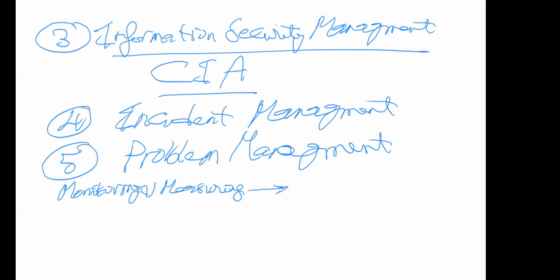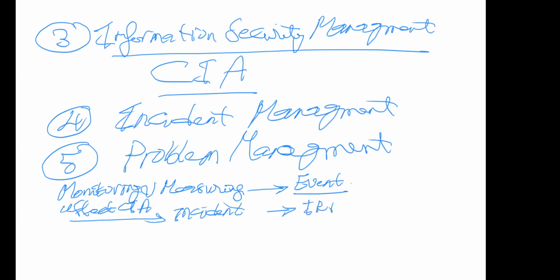If an event shows an abnormal situation, and this abnormal situation affects the CIA, then it will be an incident. If it is an incident, it will go to the IRT. What is the IRT? It is the Incident Response Team. We have to work on it and check what this problem is.